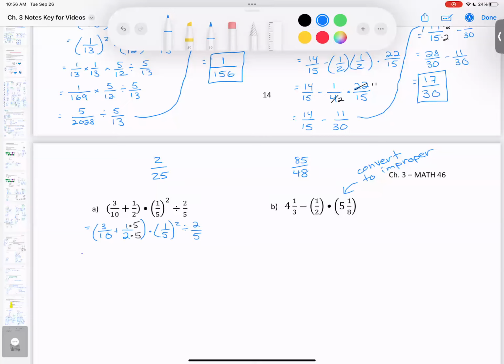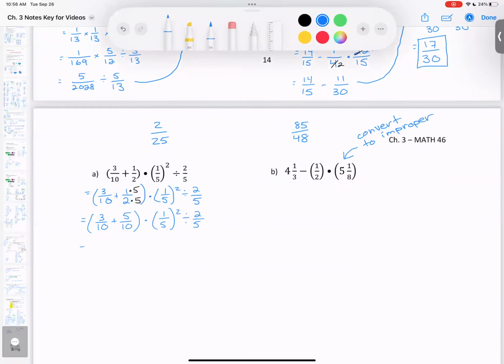Okay, so common denominator time, so we get 3/10 plus 5/10. It's a lot of writing, but I do encourage you to do this one step at a time, just to help keep track of all that you're doing. Okay, so now we can do that addition because we have a common denominator. So we're going to get 8/10.